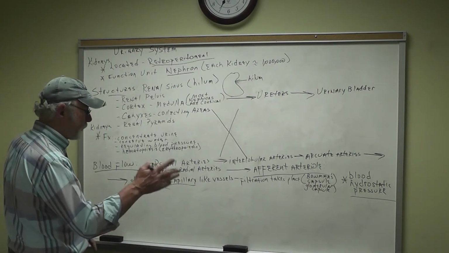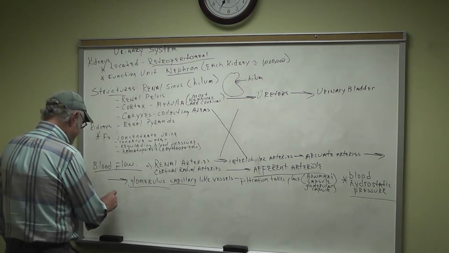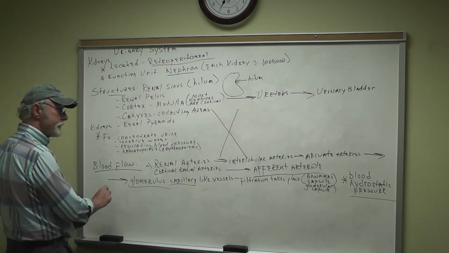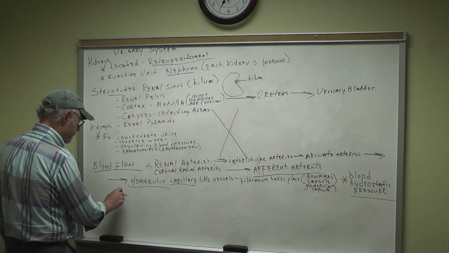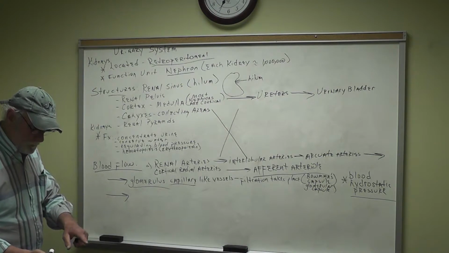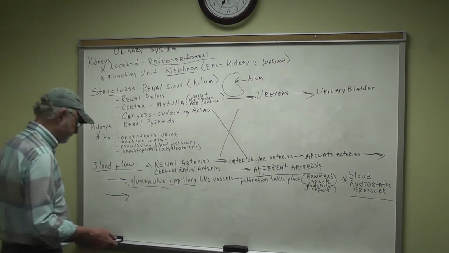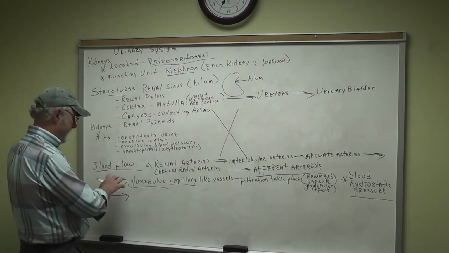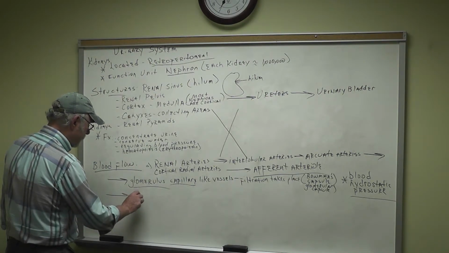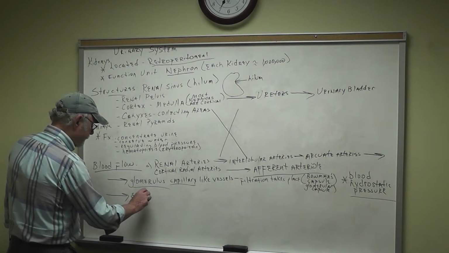Well, I guess before I do that, the blood will leave this glomerulus after all this stuff has been pushed out and the other stuff remains, like cells and larger plasma proteins. They'll enter into what's called the efferent arteriole.